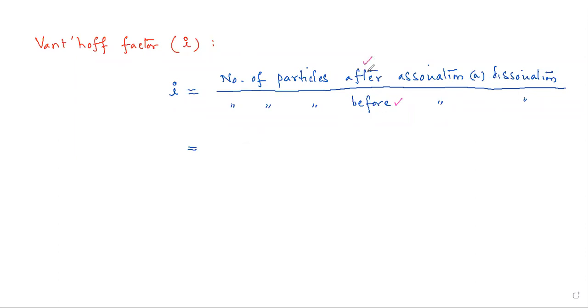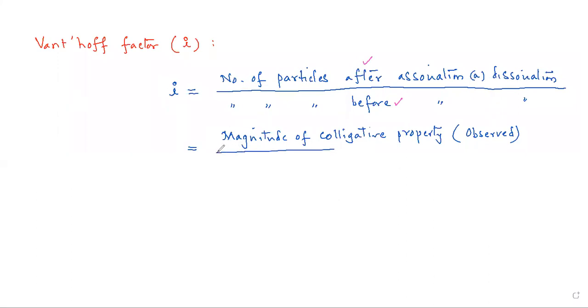See, after association or dissociation can be given in terms of the magnitude of colligative property, observed, by the magnitude of colligative property, actual.